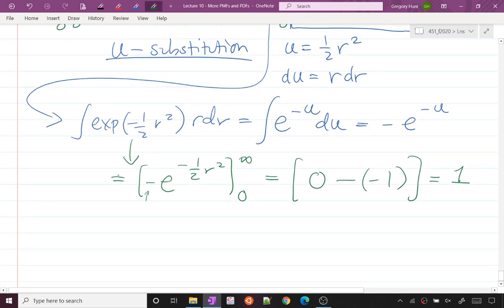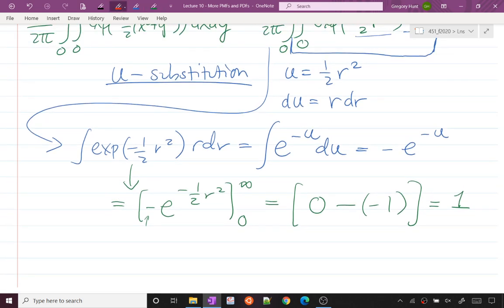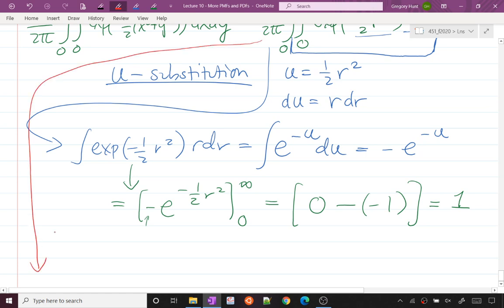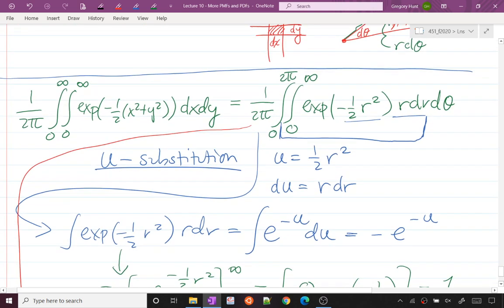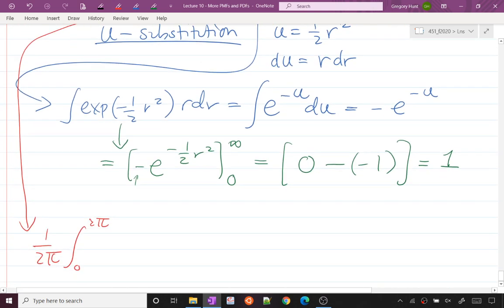So my original integral, let's pull this down in red here. Now, 1 over 2 pi, integral 0 to 2 pi. That inner integral with respect to r, that's just 1. And I'm just left with the d theta. And of course, if I do that integral, it's 1 over 2 pi, integral of 1, 0 to 2 pi, d theta, which is 2 pi. It's 1.